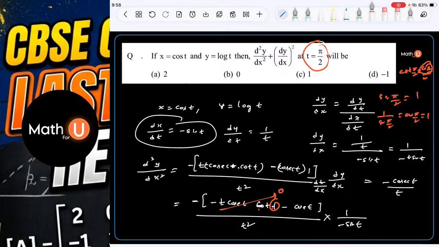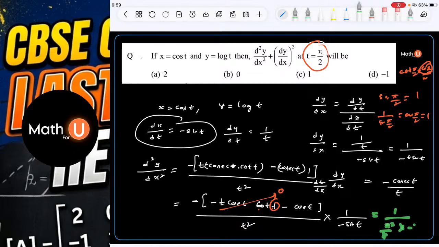Then finally we get minus cosecant t. Here a minus is already there, so minus minus is plus cosecant pi by 2, which is 1, by t square, meaning pi square by 4.